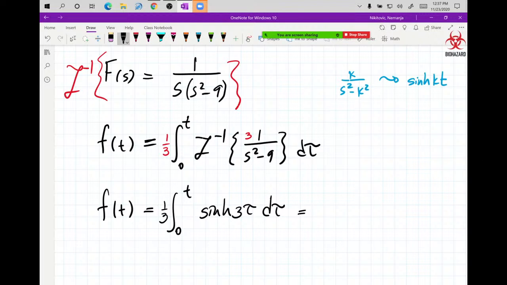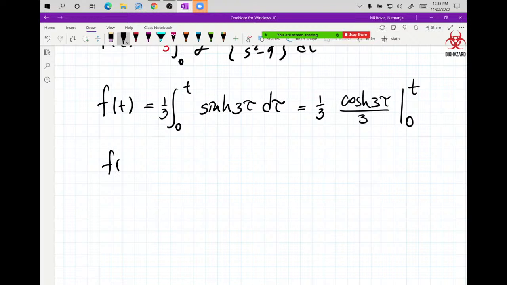And all I need to do is to integrate this, which is, again, basic Calc 1. Well, you'll learn hyperbolics in Calc 2, so whatever. That's cosine hyperbolic 3 tau over 3, computed from 0 to t. And f of t is 1 over 9, open parenthesis, cosine hyperbolic 3t minus cosine hyperbolic of 0.